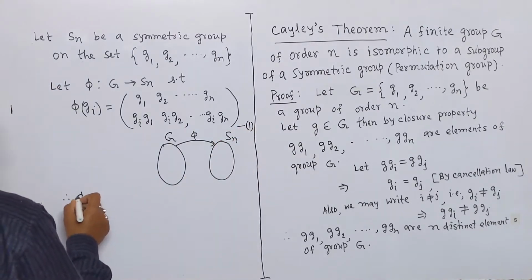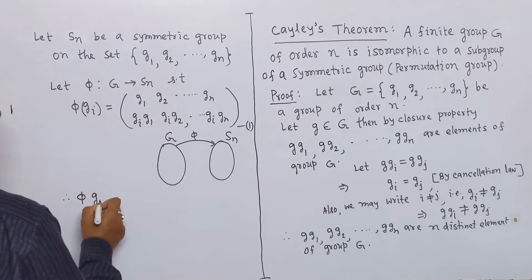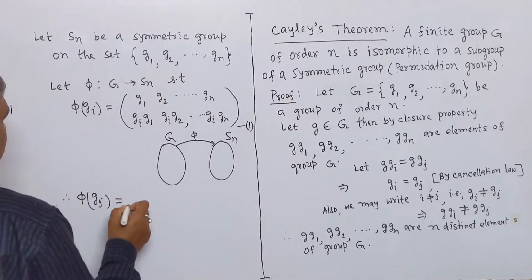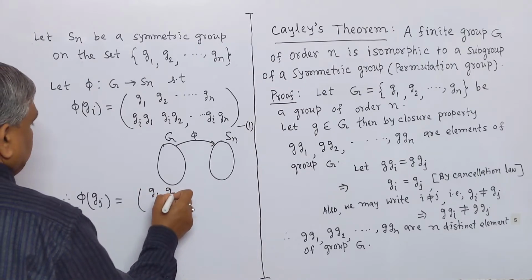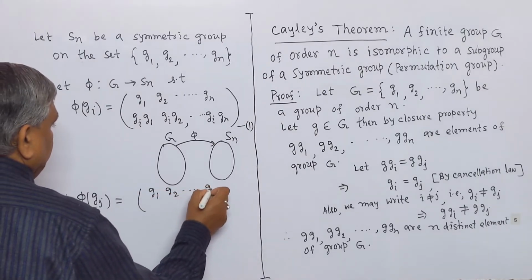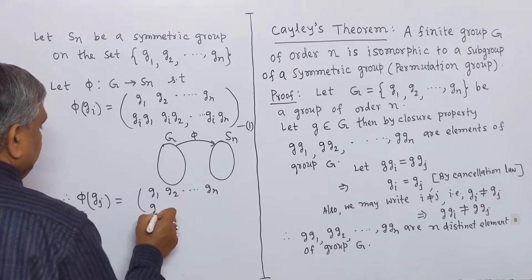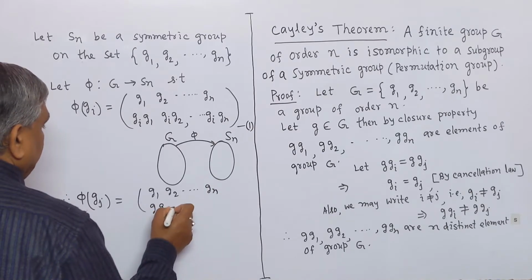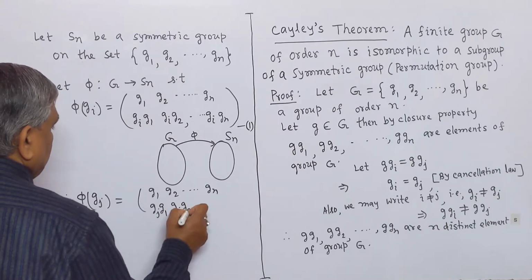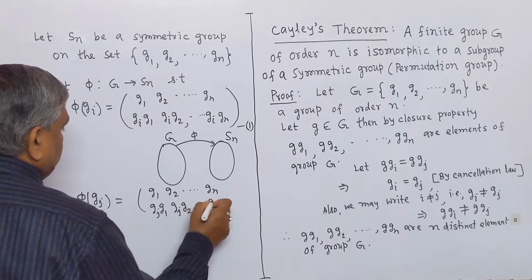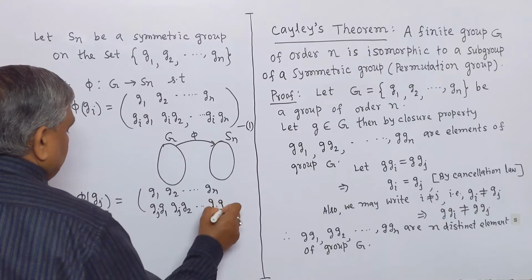Therefore, phi of gj equals the permutation mapping g1, g2, ..., gn to gj g1, gj g2, ..., gj gn.